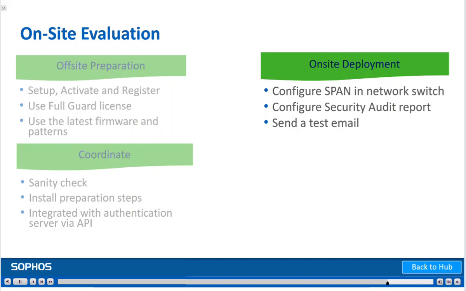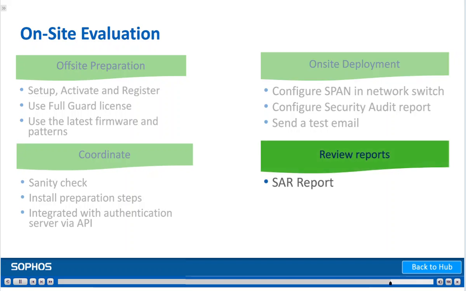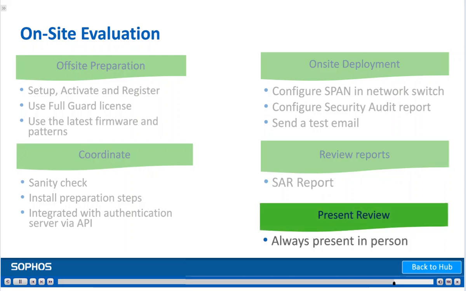Configure dynamic updates, verify that the box can connect to the internet, check the logs, and send a test email. Then review the reports. Look at the SAR report and review the summary findings and reports on areas to be highlighted. Finally, present the review. This should always be presented in person.